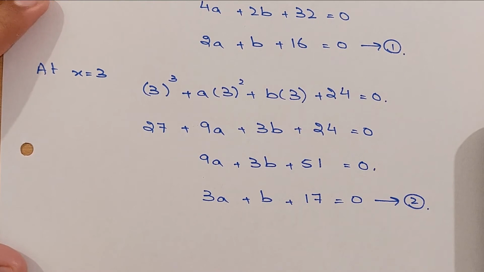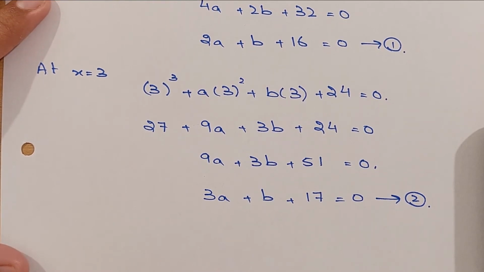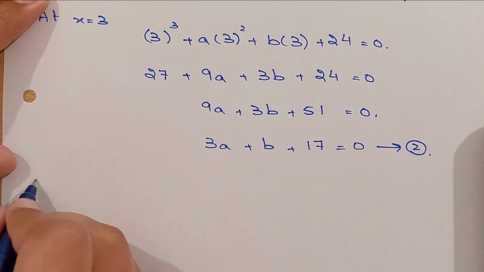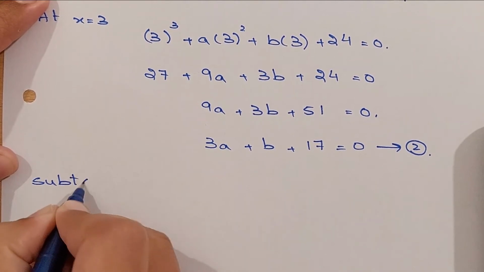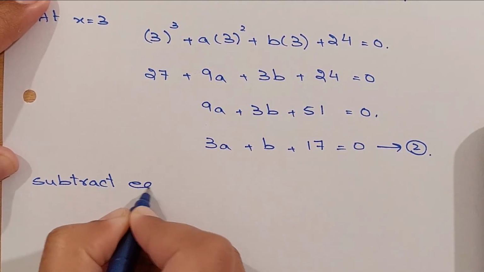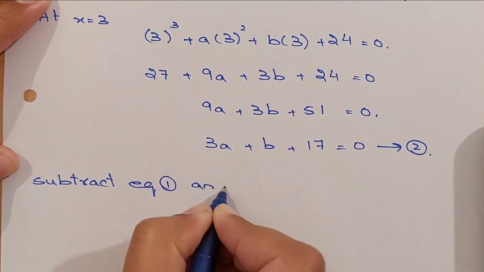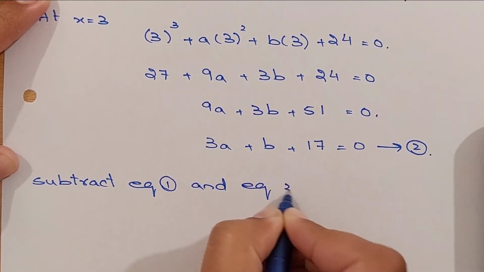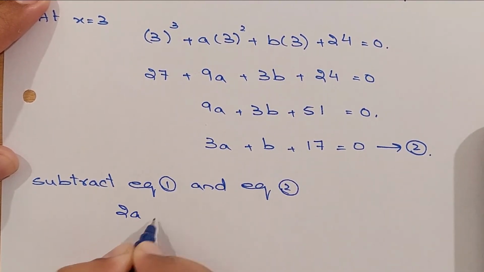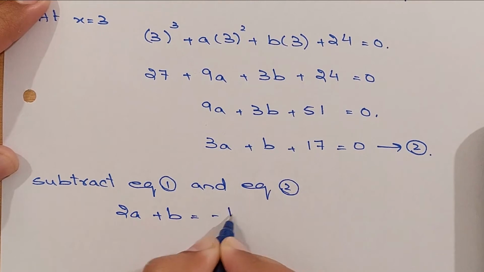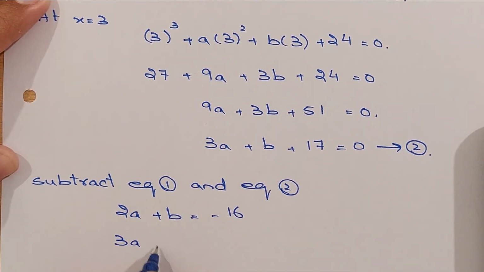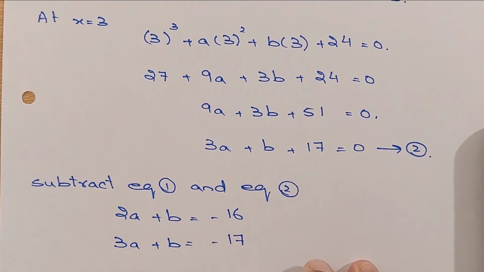Let me subtract the 2 equations to get rid of b and solve for a, right? So subtract equation 1 and equation 2. 2a plus b equals negative 16, and 3a plus b equals negative 17, right?